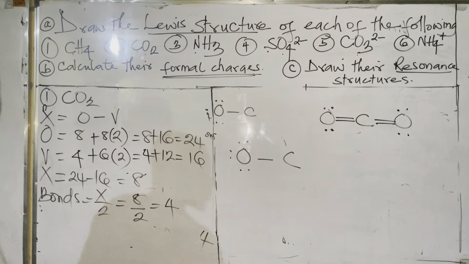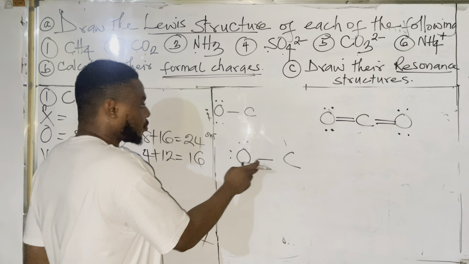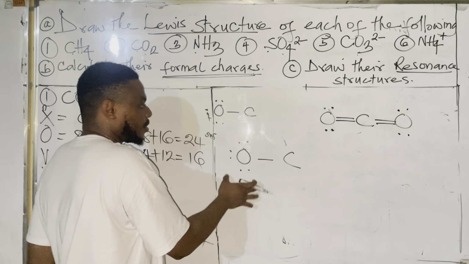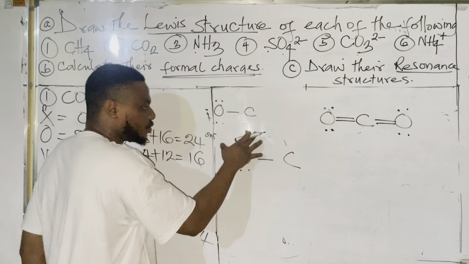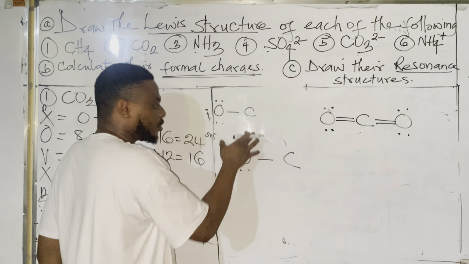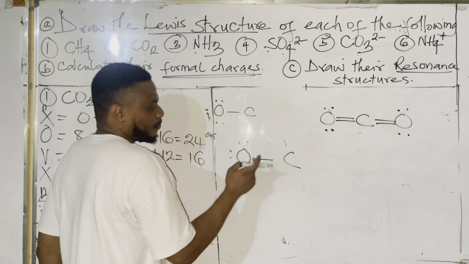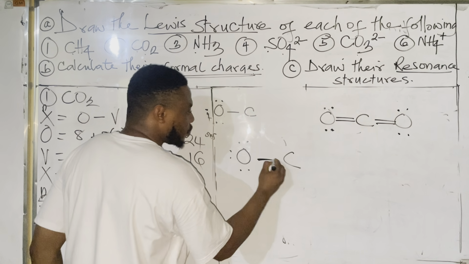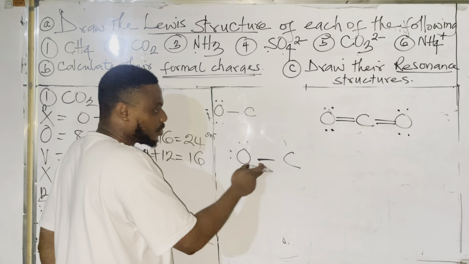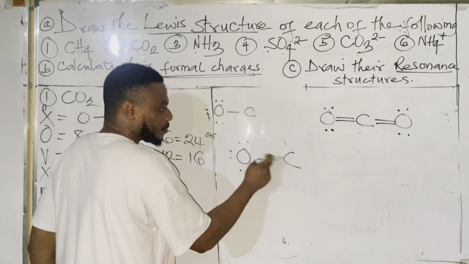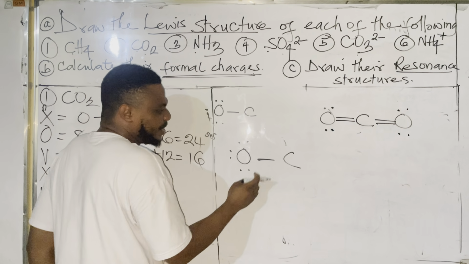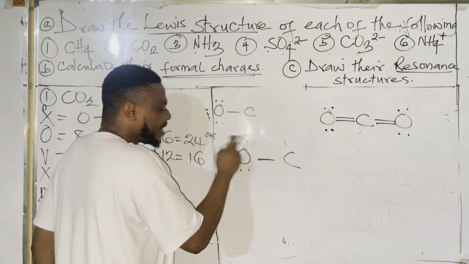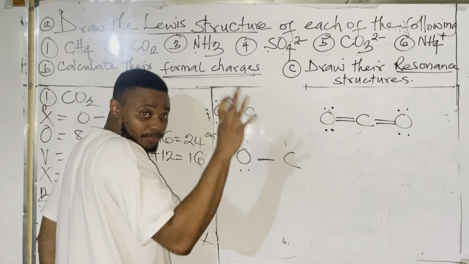So this oxygen here has 6 electrons. Now, the reason why this oxygen has 6 dot electrons is because of this bond. So this bond here has 2. So it means that if it's a single bond, the atom needs 6 more.